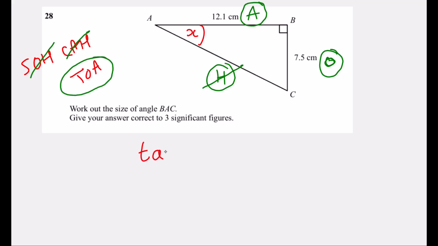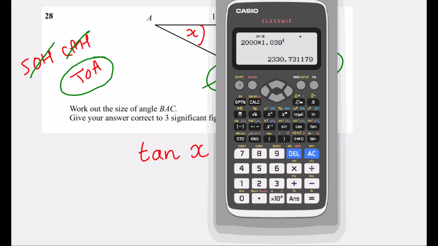So tan with the angle, tan x is the opposite divided by the adjacent. 7.5 divided by 12.1. When we're finding the angle, we use shift tan. So to get tan away from x, the opposite of tan is arctan. On the calculator, it's shift tan.